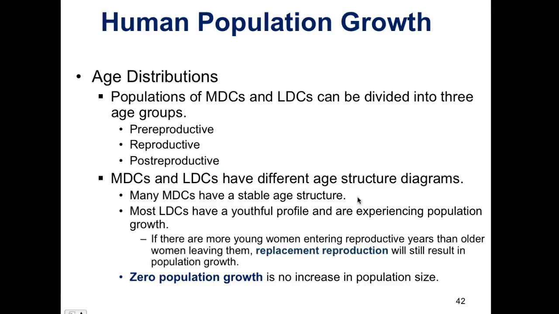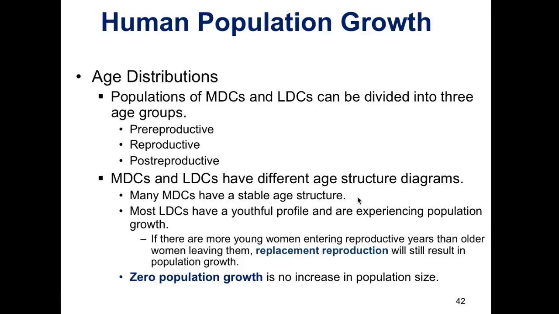Ultimately, honing in now, you have age distribution diagrams. Populations of more developed countries and less developed countries can be divided into 3 age groups: pre-reproductive, reproductive, and post-reproductive. More developed countries and less developed countries have different age structure diagrams.